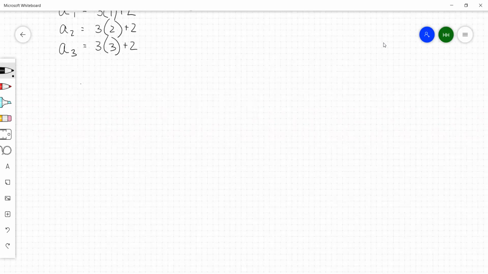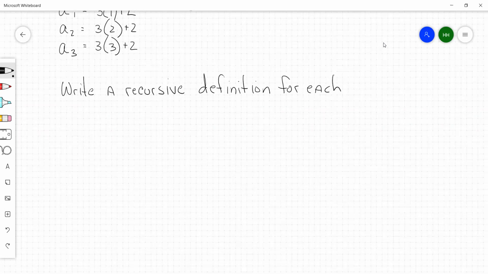Write a recursive definition for each sequence. So we got 80, 77, 74, 71, 68, and so on.